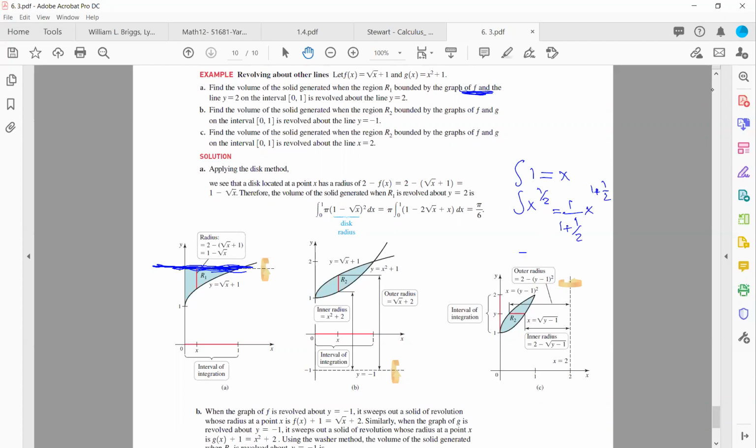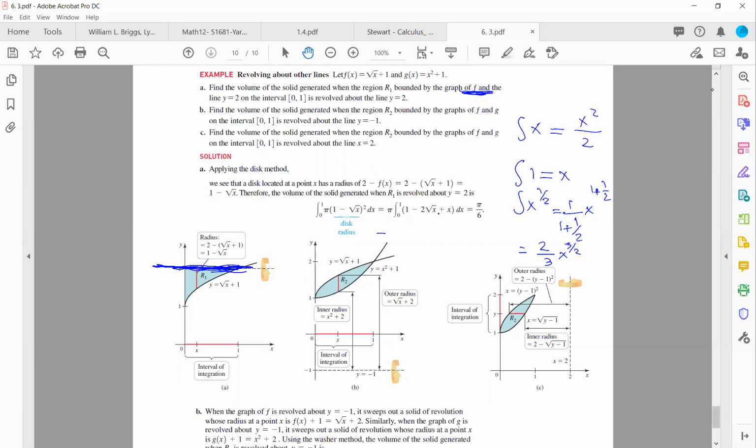So this is equal to 2/3 x to 3 over 2. And the integral of x is equal to x squared over 2.